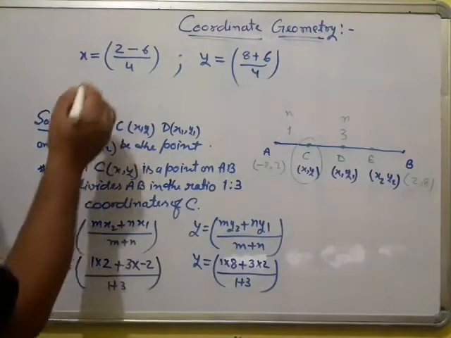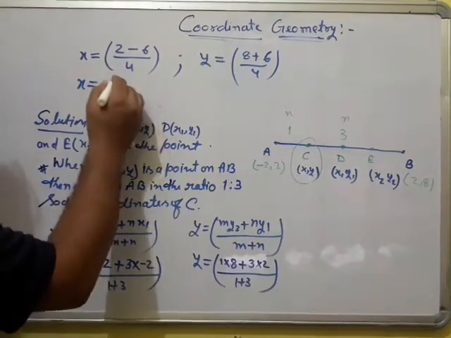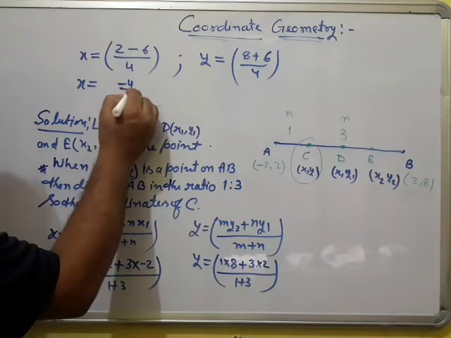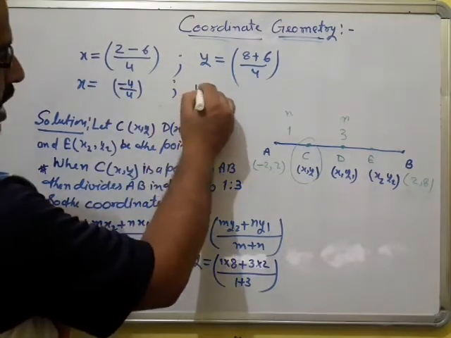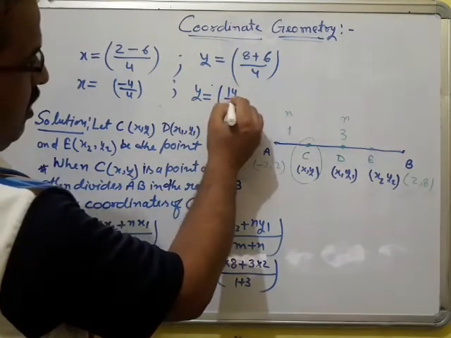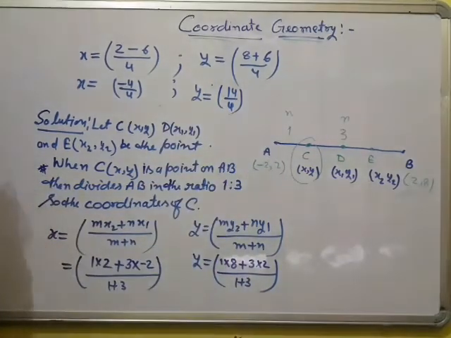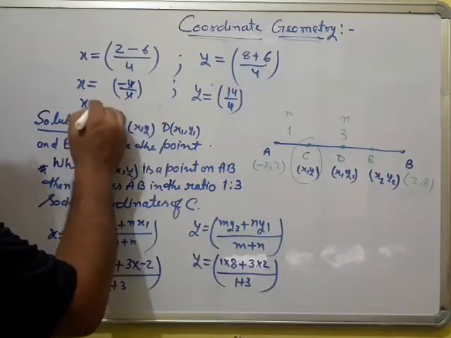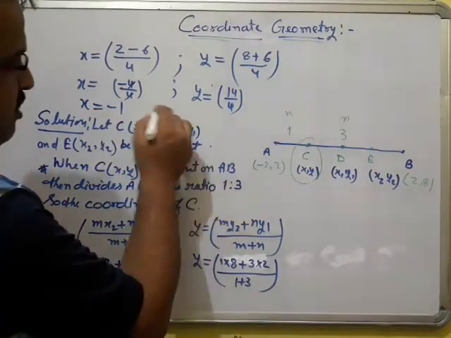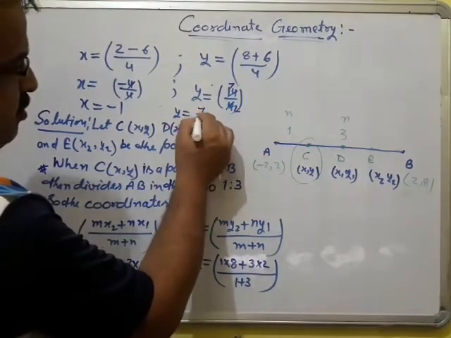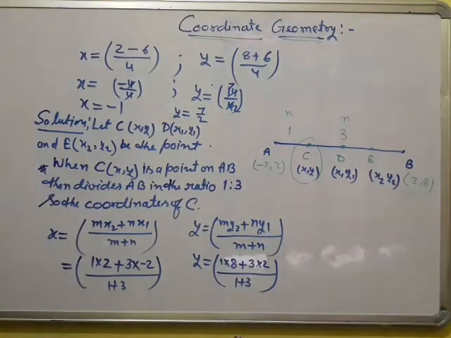Now we get X equal to -4 by 4, and Y equal to 14 by 4. Clear? Cancelling, X is equal to -1 and Y is equal to 7 by 2. Clear? These are the coordinates of C.